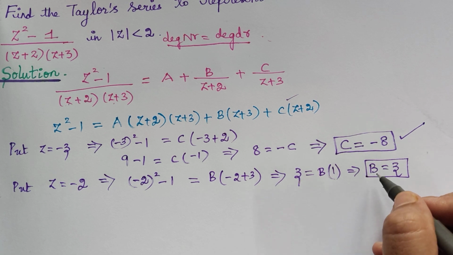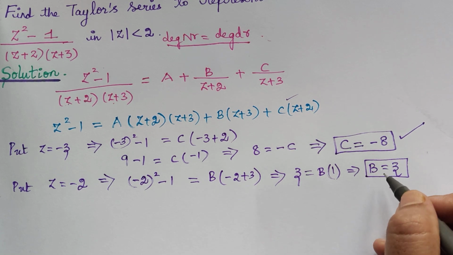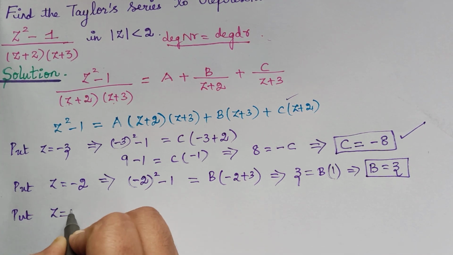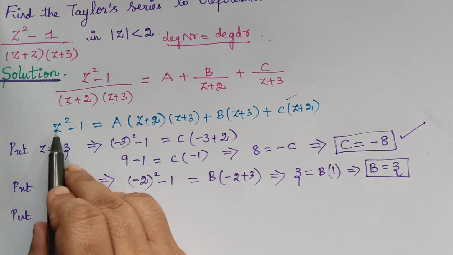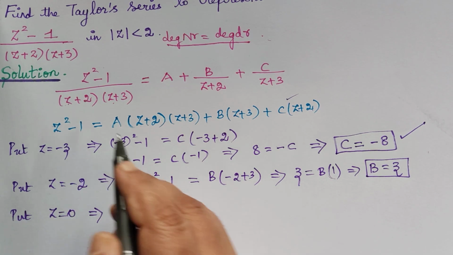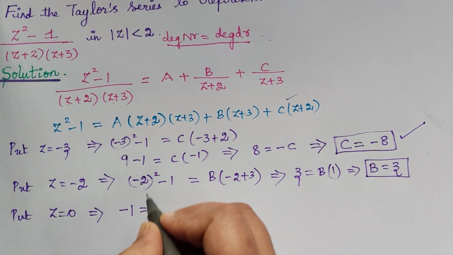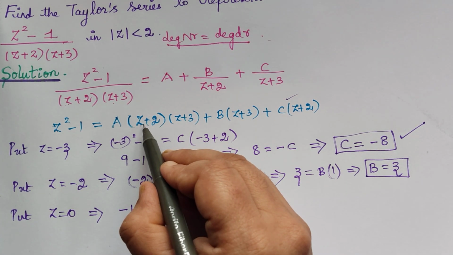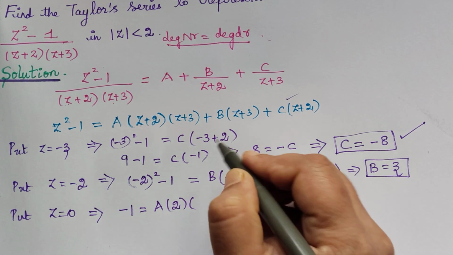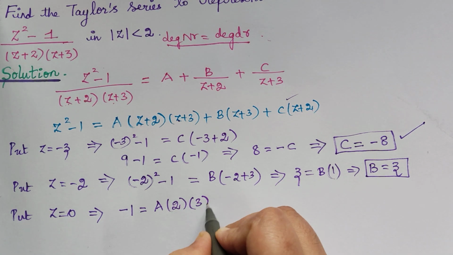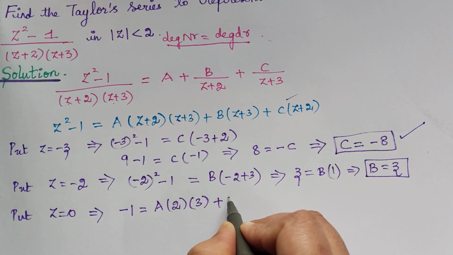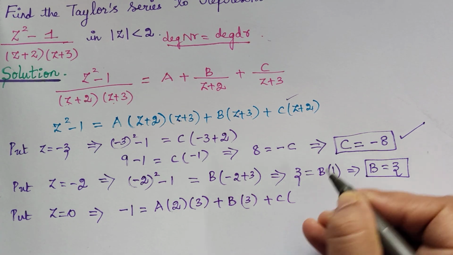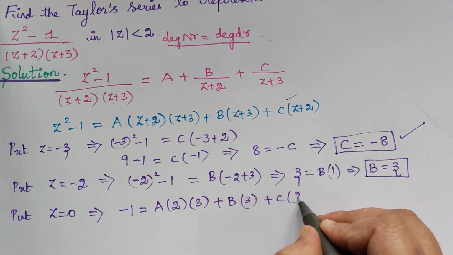Now in order to find the value of a, we shall put z equal to 0. When you put this as 0, 0 square is 0 only, so minus 1 is equal to a multiplied with, what is z? Z is 0, so 0 plus 2, so 2 multiplied with 0 plus 3 which is 3, plus b multiplied with 0 plus 3 which is 3, plus c multiplied with 0 plus 2 which is 2.